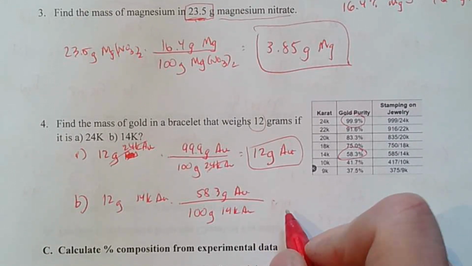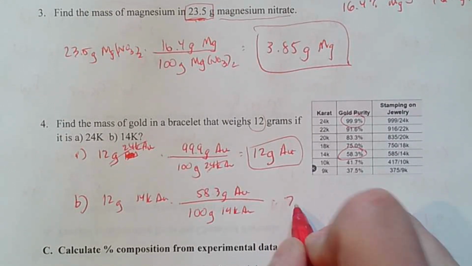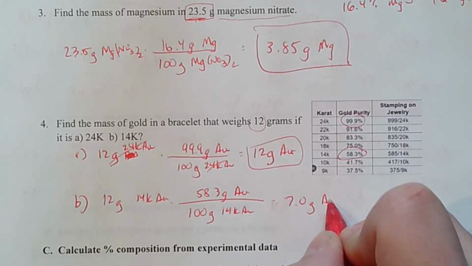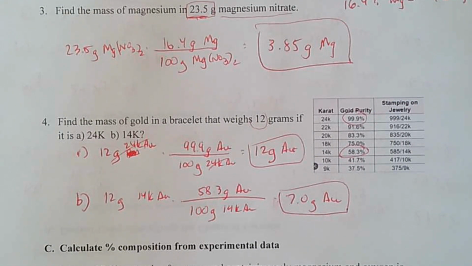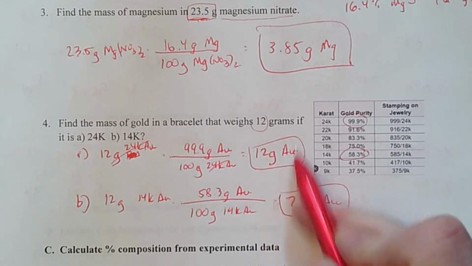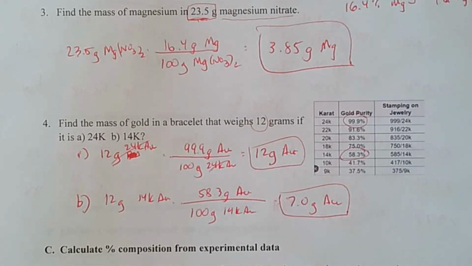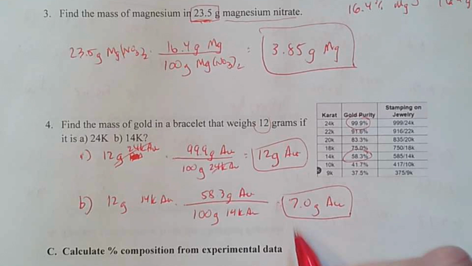Or roughly 6.996, which you round to two significant figures. You actually have 7 grams of gold. So you can see, same bracelet, if it was 24 versus 14 karat, almost double the amount of gold in the 24 karat. So you would be taking a loss if you paid the same rate.